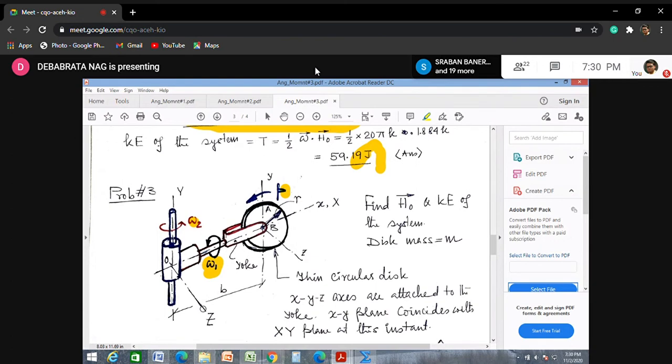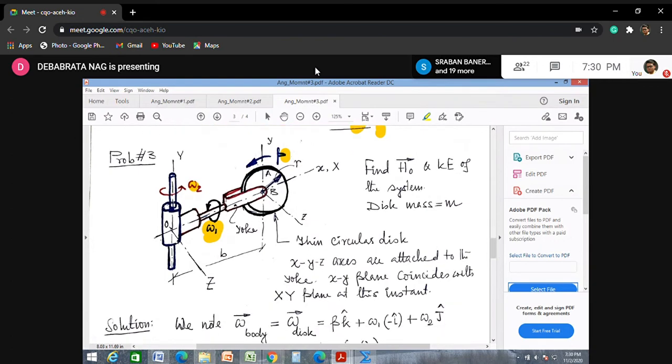So given all these geometries, what we have been asked to find out is the angular momentum about the point O.